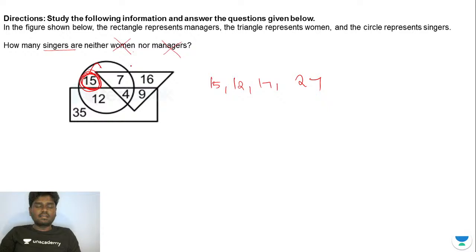I know the fact that the complete persons inside the circle are singers, and the 15 is the total number of people who are not involved with the women as well as the managers. So definitely the answer is going to be option A. It is 15. There are 15 singers who are neither women nor managers. Very good, guys. Okay, let's go for the next question.